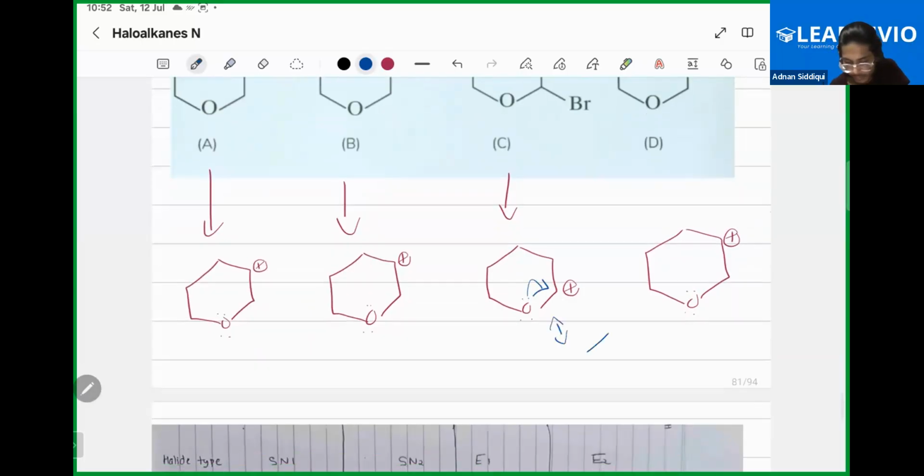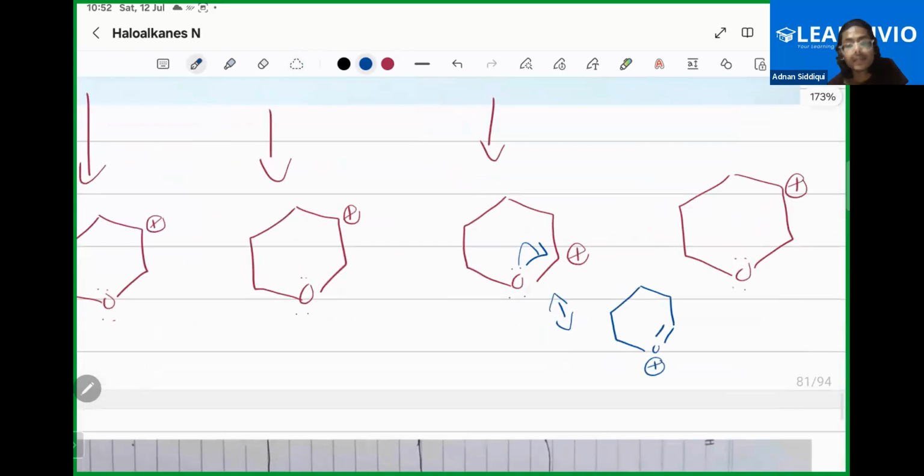So due to resonance this positive charge is stabilized, but now the charge is on oxygen. You might say that a positive charge on a more electronegative species is unstable. So why is this still the answer?